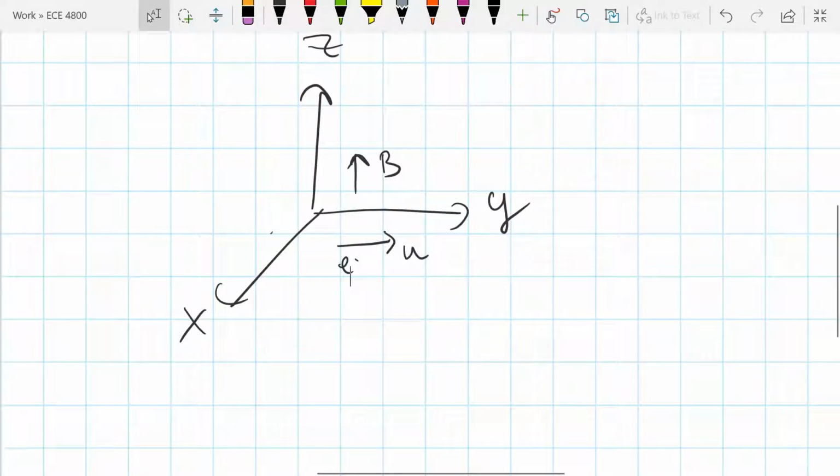If your first finger is pointing in the y-hat direction, since everyone's screen is this way, first finger is pointing in this direction. Middle finger is pointing up in the direction of the magnetic field. Your thumb is pointing in the x-hat direction, so that's what I'm saying, out of the page. Yes. So if it was a positive moving charge, then the force would be in the direction of the thumb. But since it's a negative charge, since it's an electron, we have to negate that. Inside it, okay. Yeah. You got it.